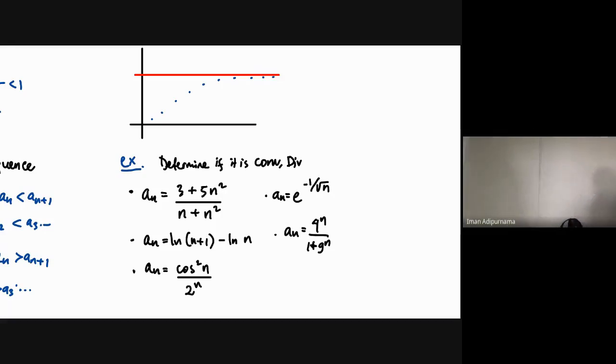I think most of the questions here are reviewing the Calculus 1 limit, right? Basically we are doing the calculus limit here.